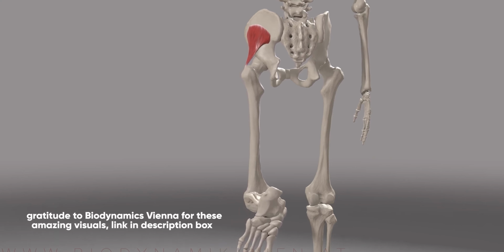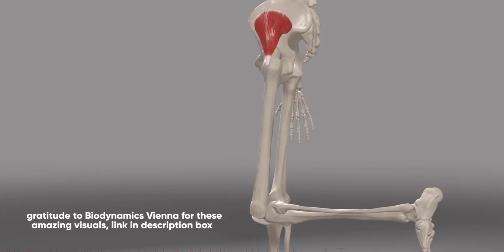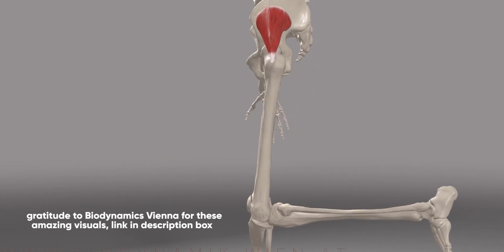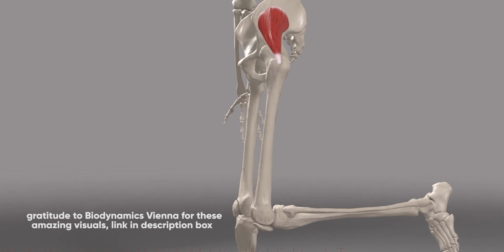The function of your glute minimus: if you were to stand on both of your legs and then lift one of your feet, your glute minimus is more of a stabilization muscle. It stops your pelvis from tilting down if you were to stand on one leg.